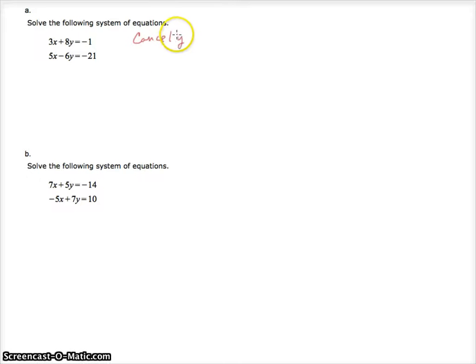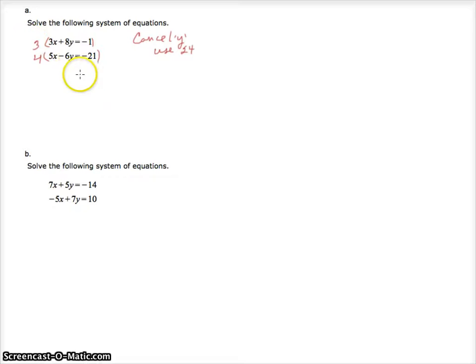In order to cancel the y value, I need to multiply to get both of these to 24. I need to get 8 to 24, so multiply the top equation by 3. I need to get negative 6 to negative 24, so multiply that equation by 4.